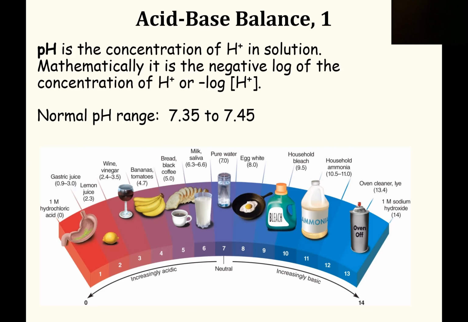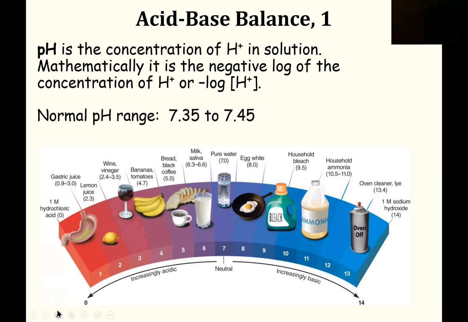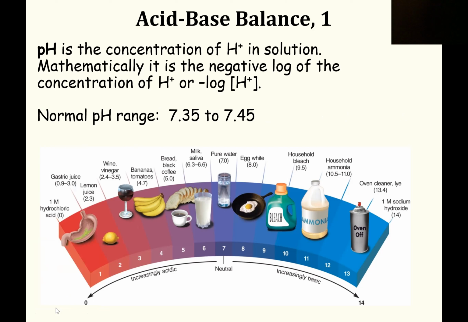Normal blood pH is 7.35 to 7.45. In various parts of the body, it can be higher or lower, but again, that's the normal blood pH. And we had that in chapter 18, so that shouldn't be anything new.